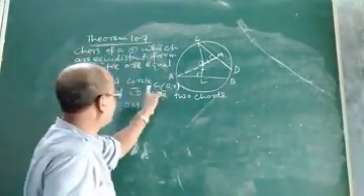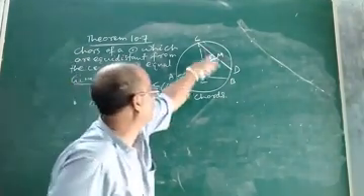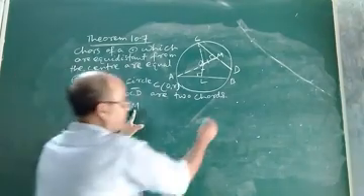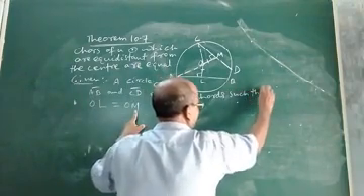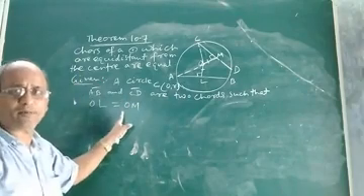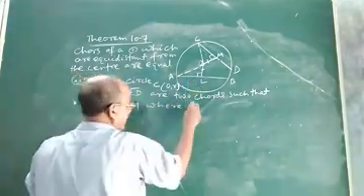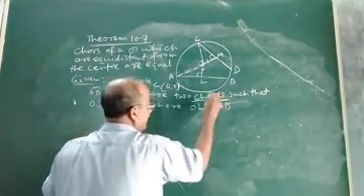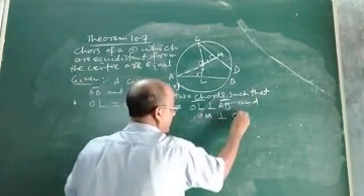So we are given a circle C with center O and radius say R. Then AB and CD are two chords such that the distance of the two chords from the center, that is OL and OM, are equal, where OL is perpendicular to AB and OM is perpendicular to CD.